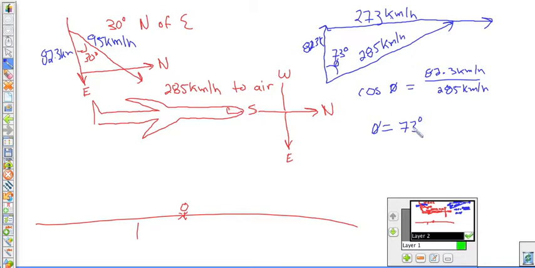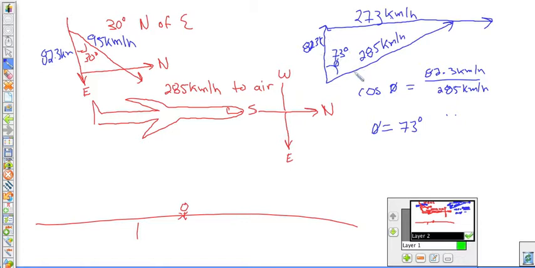So that gives me a little bit of direction help. With my airplane, as long as I angle it 73 degrees, and let's see, what would this angle be? This would be west of north, right? Wait, actually, my 73 degrees was right here, so it wasn't west of north. That was 73 degrees north of west.